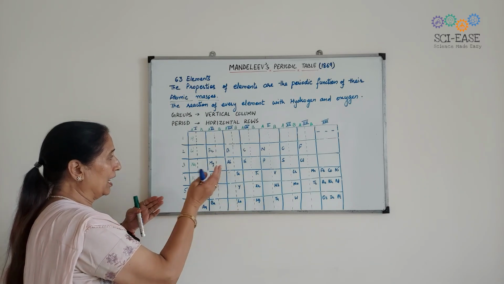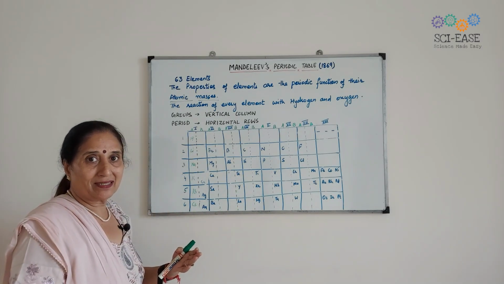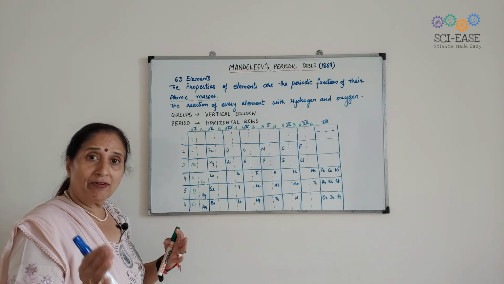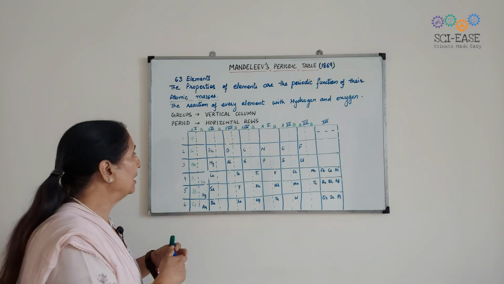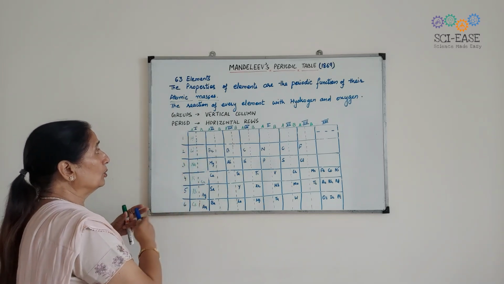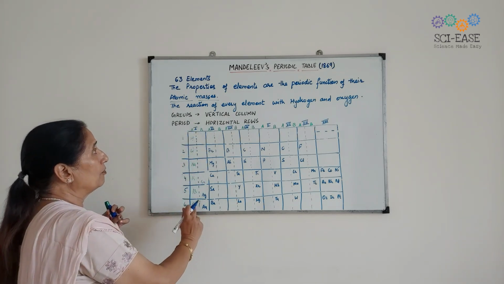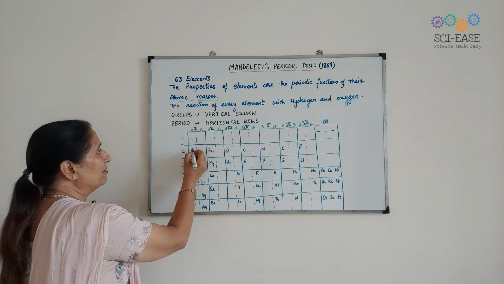In the modern periodic table, we will study that these are the S block elements, which I will tell you about after some time. So these elements result in the formation of oxides and hydrides when they react.